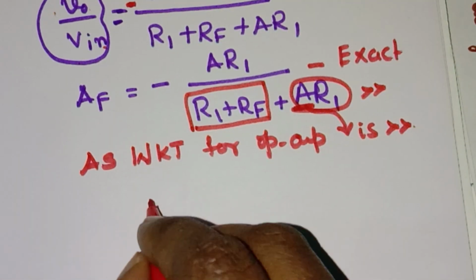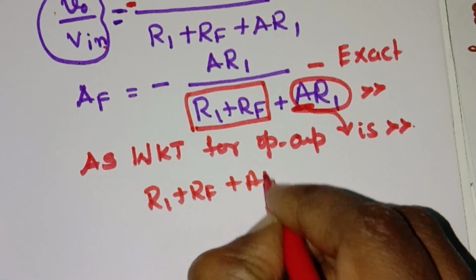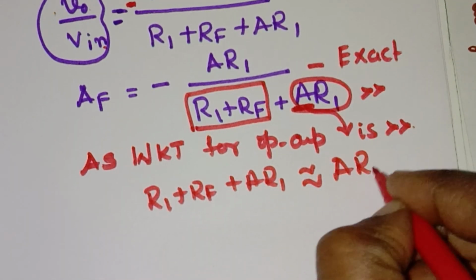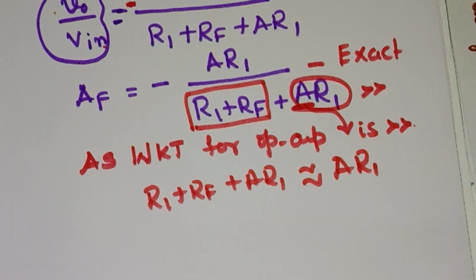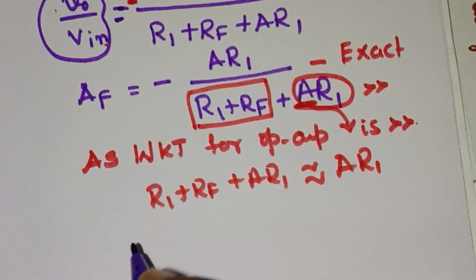Or we can say that R1 plus RF plus A times R1 is equal to only A times R1. Why? Because A is the open loop voltage gain, and that open loop voltage gain is very high.